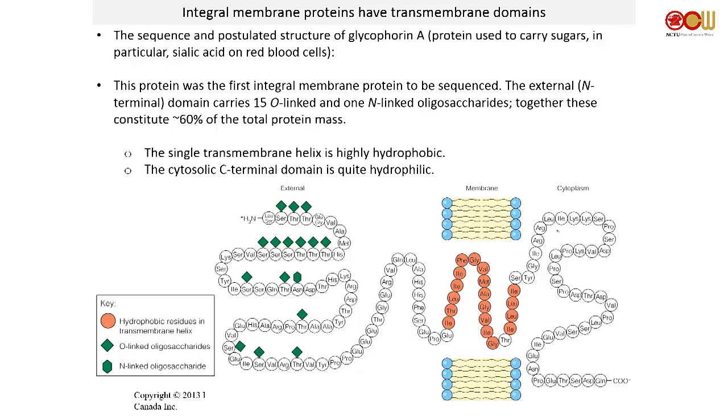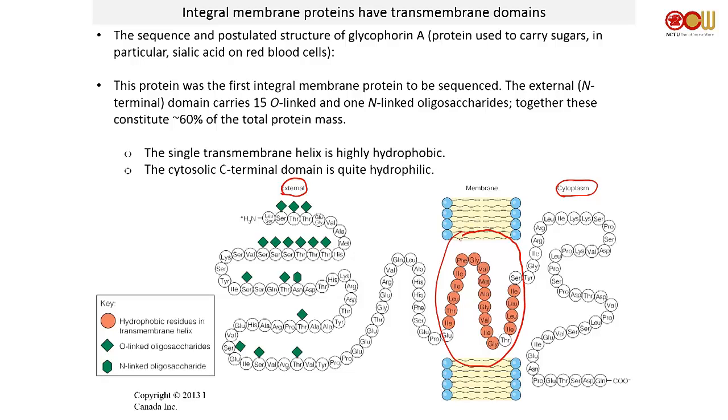So if you take a look at integral membrane proteins and their amino acid sequences, here given is the sequence and the postulated structure of glycophorin A. This is a protein used to carry sugars, in particular sialic acid, on red blood cells. Now, if you look at this particular protein, you have the external side, outside the cell, cytoplasm is inside the cell, and you have this part that is the transmembrane domain.